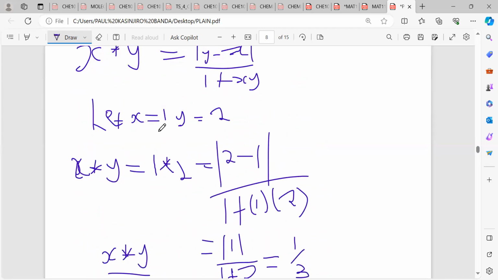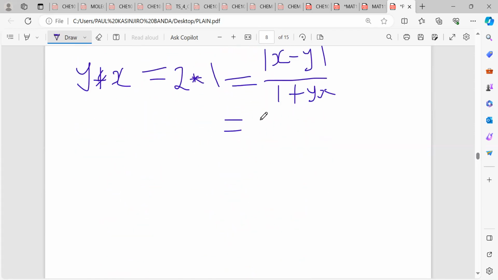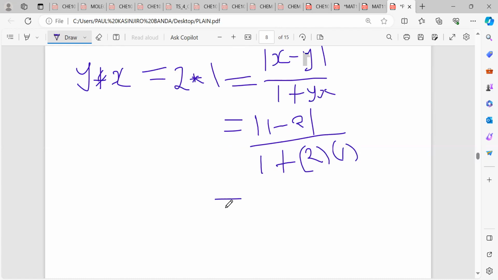Then we still use the same numbers: our x is 1 and our y is 2. So on top, our x is 1 minus our y, which is 2, modulus, over 1 plus our y, which is 2, multiplied by our x, which is 1.